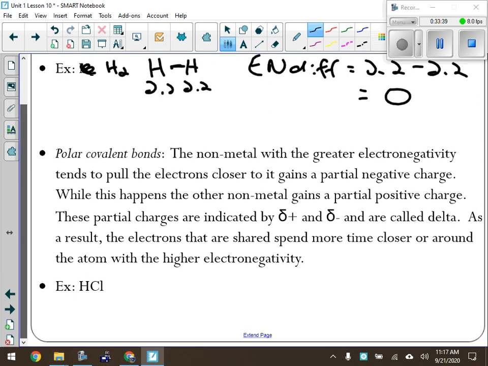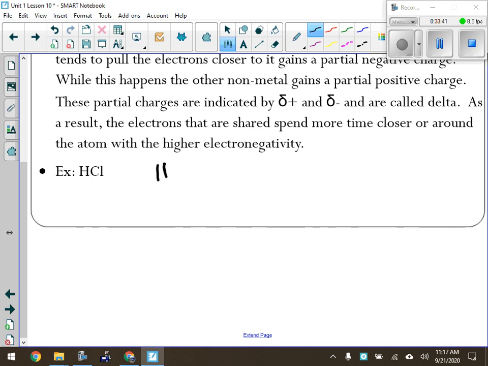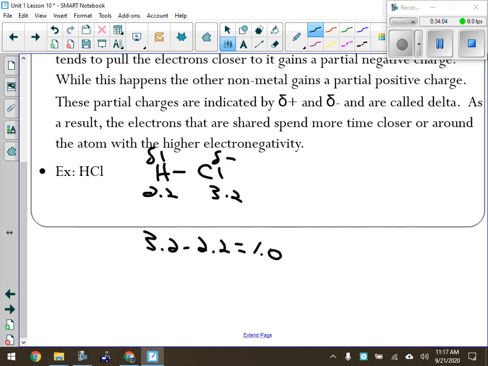What if you're doing polar covalent? Well, let's take a look here. I think we said H and Cl here. This was 3.2 and 2.2, and of course, that's 3.2 minus 2.2, that's 1.0. That's not a big enough difference to gain and lose electrons, but it's definitely a difference. So we're going to have some elements that are not sharing electrons equally, and that's why we get a little bit of a negative charge and a little bit of a positive charge.